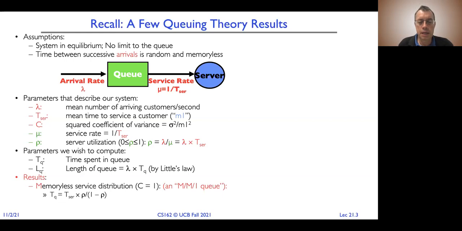So this means that the intervals between two consecutive requests arriving is exponentially distributed, or it's also called Poisson distribution of the arrival rate. And also the service time is exponentially distributed. Again, the time it takes to serve is exponentially distributed. And the formula here is T serve times rho over 1 minus rho.